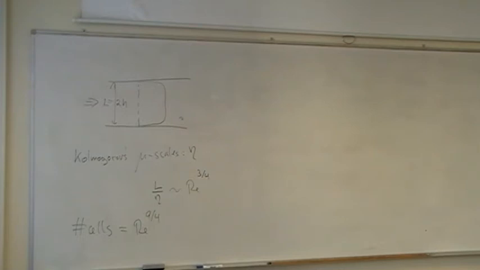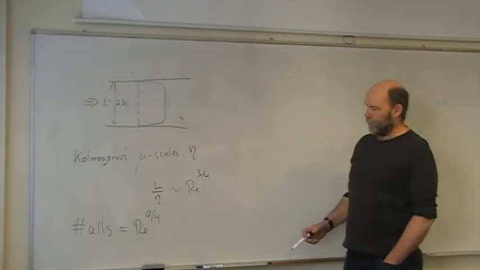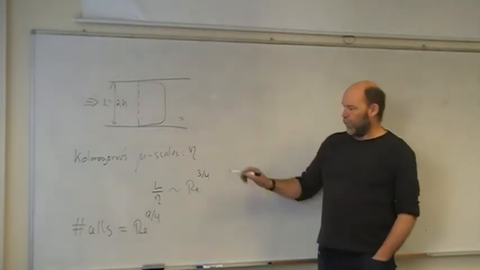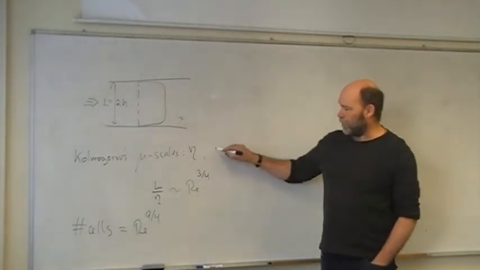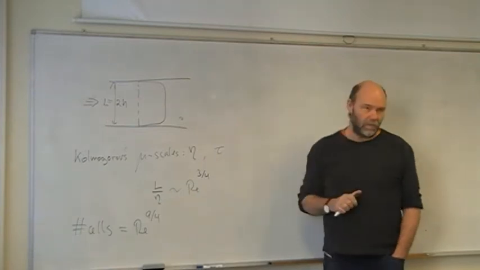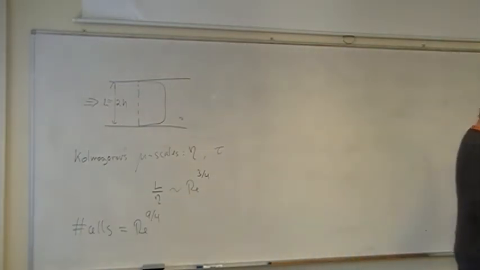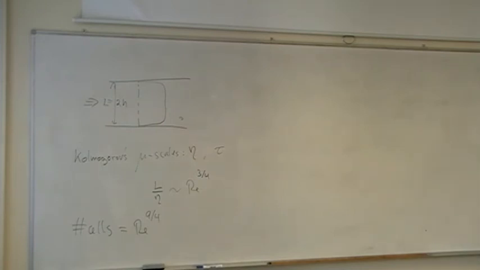So that is the problem with DNS. You have to resolve the Kolmogorov microscale, or else you haven't captured all the physics in the problem. Also, you have a Kolmogorov time scale, a tau, which then also is very, very small. Meaning your delta t has to be quite small.